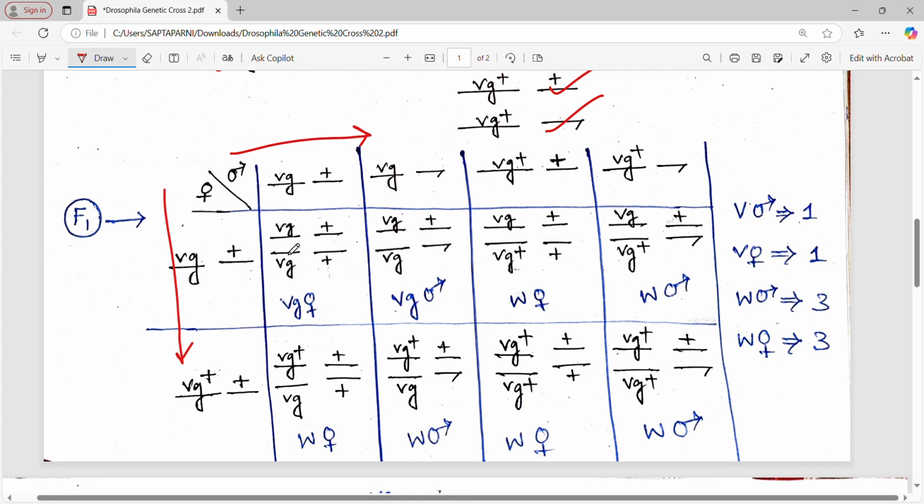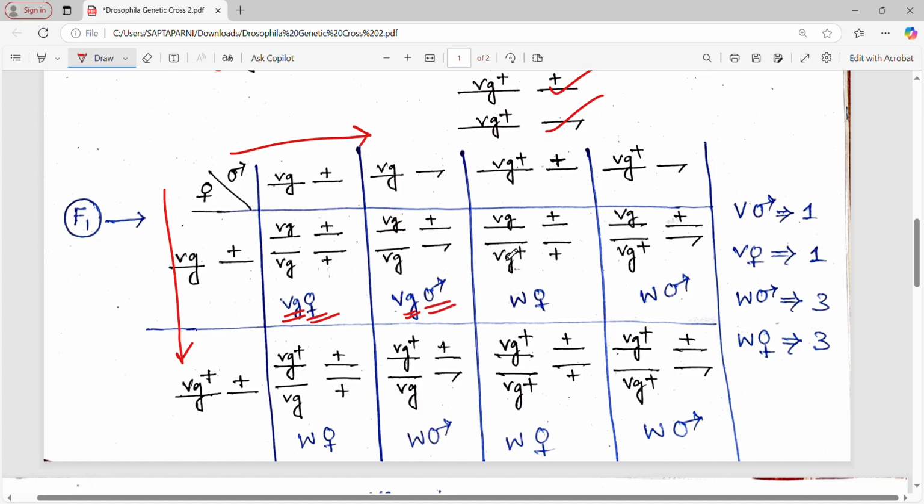Here see VG VG, that means both the autosomes contain VG, so it is a vestigial fly, and as there are 2 X chromosomes, it is a vestigial female. Similarly here also both the autosomes contain the VG mutant allele, so it is a vestigial fly, and as it has 1 X chromosome and 1 Y chromosome, it is a vestigial male.